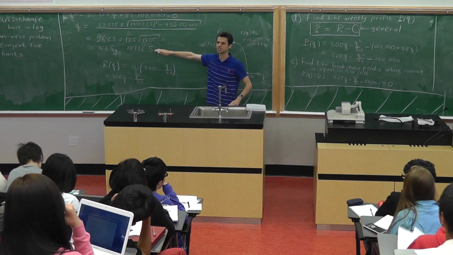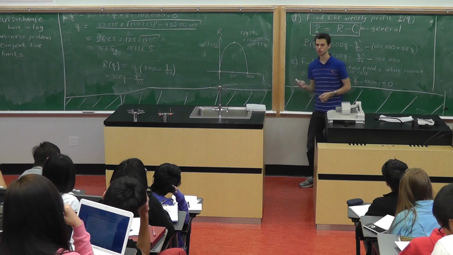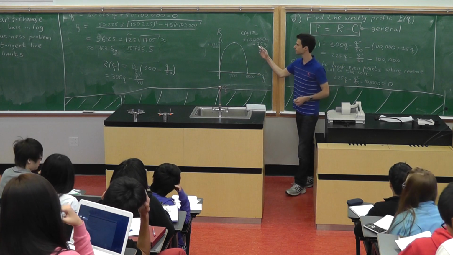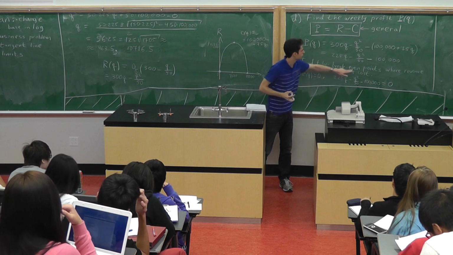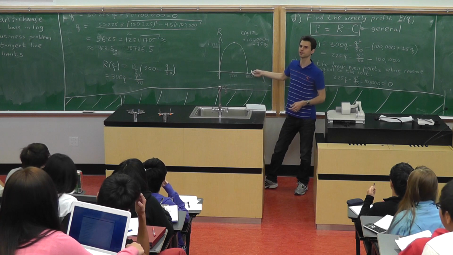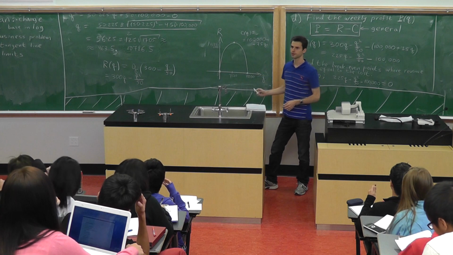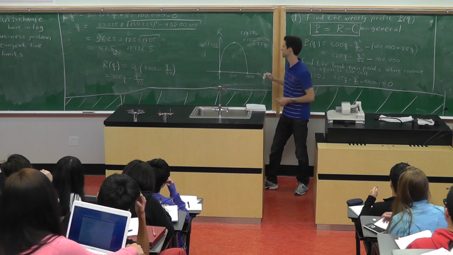Actually, we can see how this works on this graph. On this graph, these points will correspond to points where the revenue is equal to the cost. On this graph, we already have the revenue. We still don't have the cost on it. So let's try to draw this line.